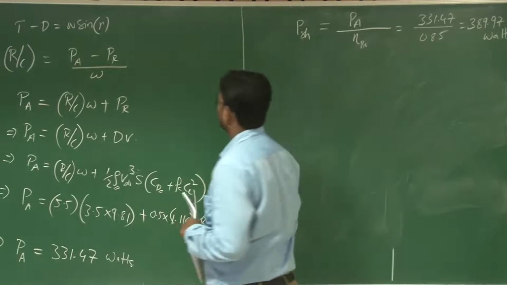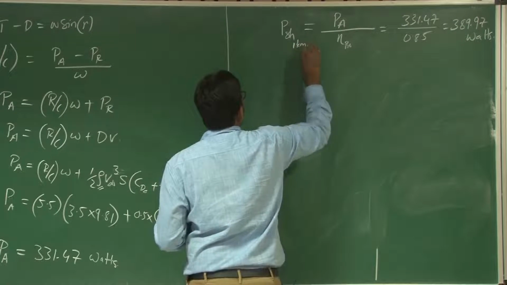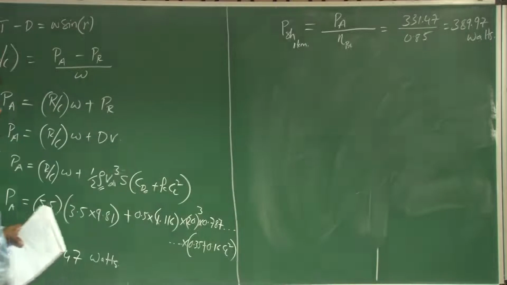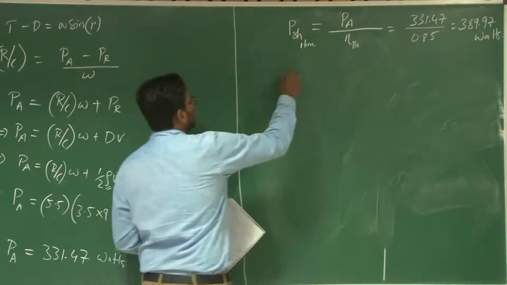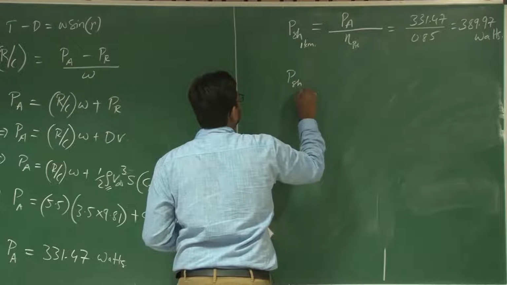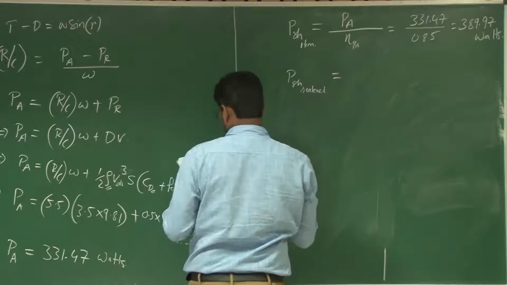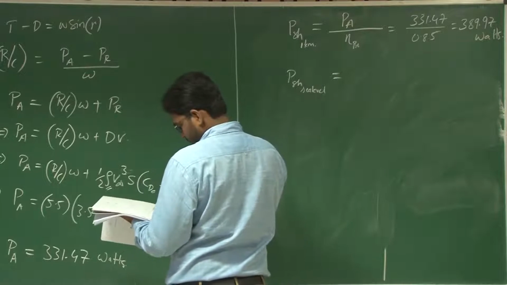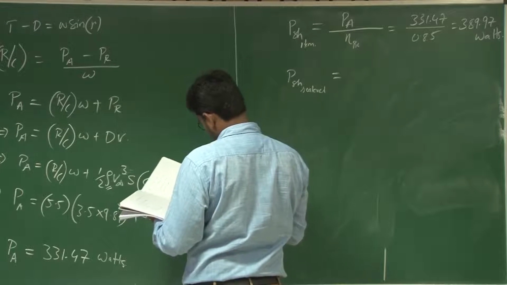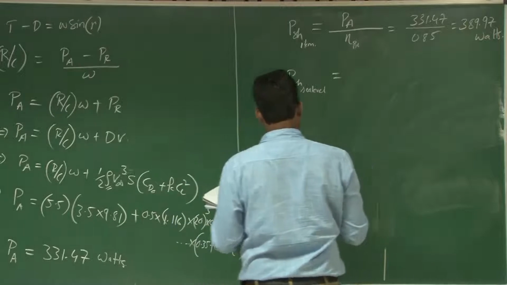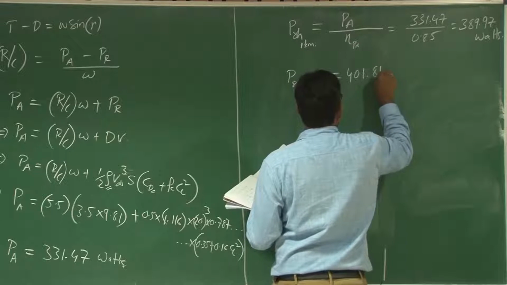Right, this is the shaft power that is required at 1 kilometer altitude. This is the power requirement from the system. So, when we calculated the same shaft power at sea level, this is 401.81.